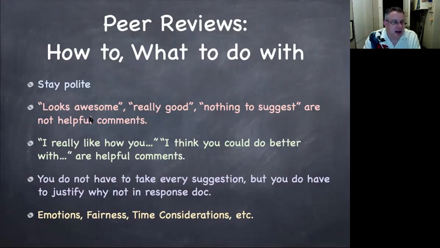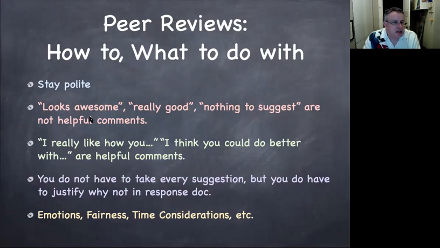It's nice to point out which pieces of the paper you thought were effective, like, this figure does its job very well, you should not change it or delete it. That's a good comment. But overall everything's great is not actually a very effective critique. So I really like how, and I think you could do better with, are good starting points for making helpful comments.